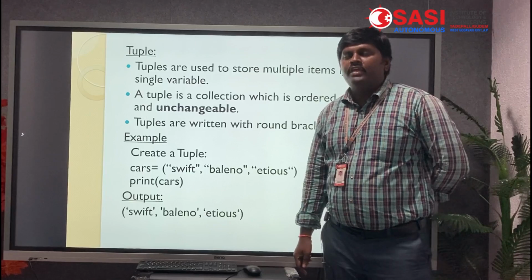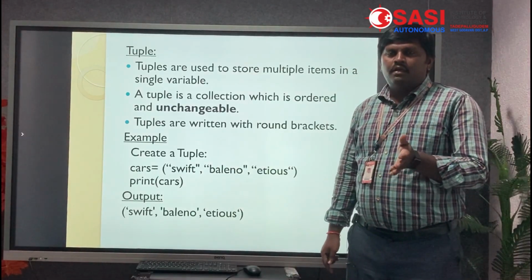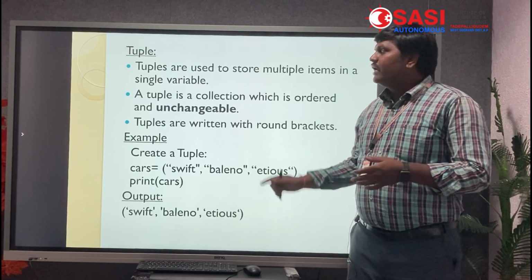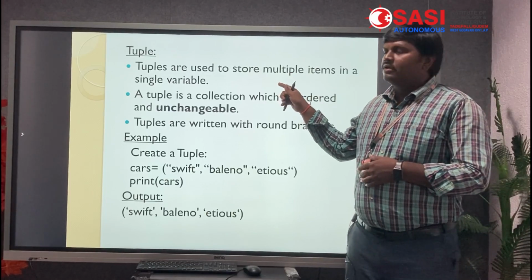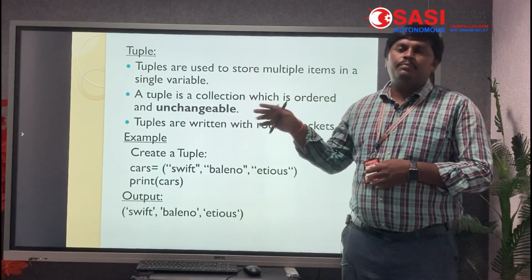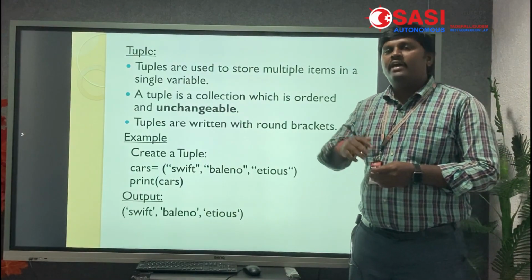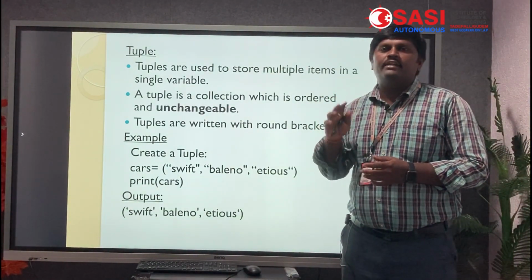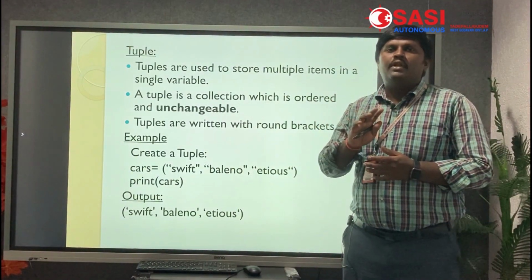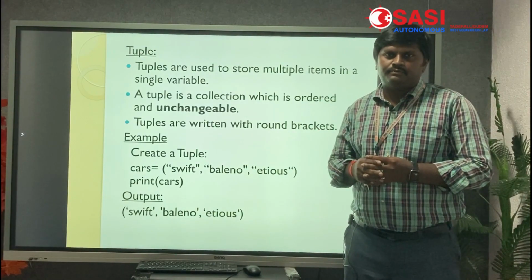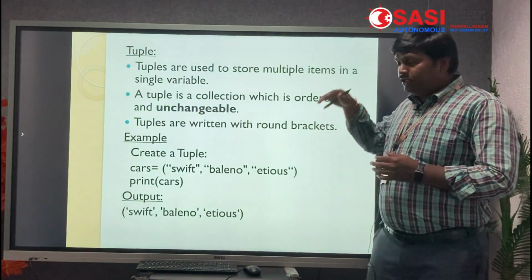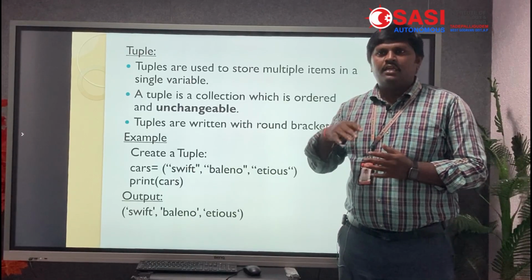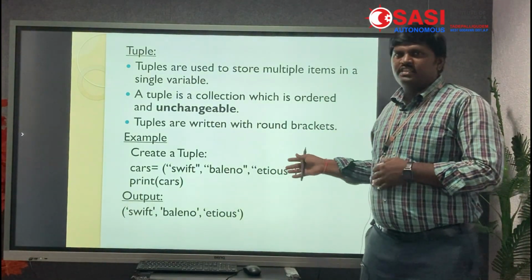In a list, we can change the list items, but in the case of a tuple, we cannot change the tuple items. Once we declare a tuple, the tuple items cannot change. If you want to change a tuple item, there is another process that is also discussed in this class.